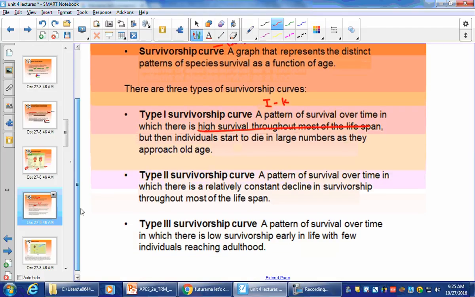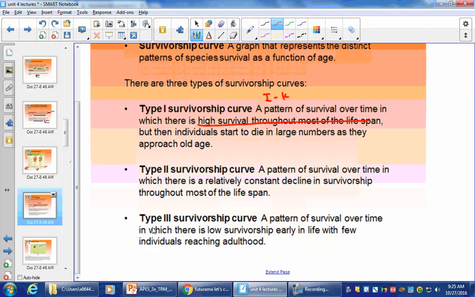Type 2 survivorship curve, we'll talk about that in a second. Type 3 survivorship curve is a survival time of low survivorship early in life. Few individuals reaching adulthood. This right here is going to be your R-selected species. And here is kind of a mixture of the two. You have squirrels and things like that that are on a constant decline, so you end up with something that looks kind of like that.